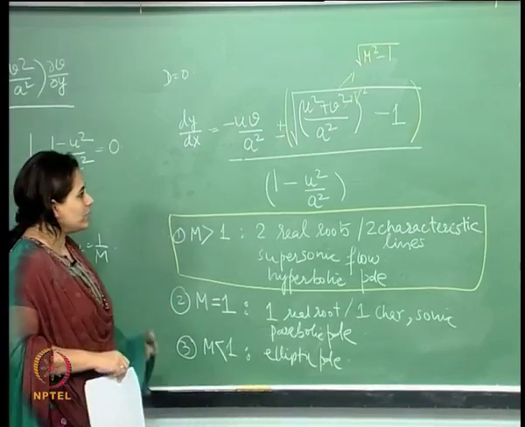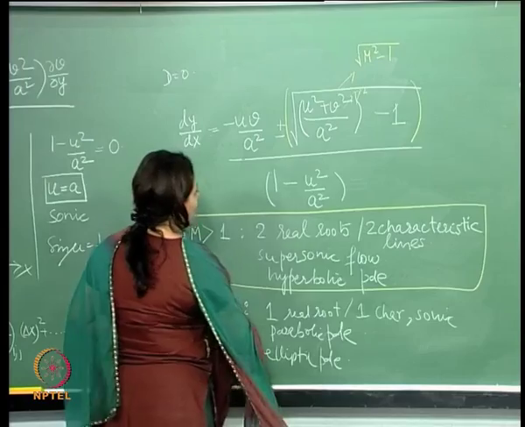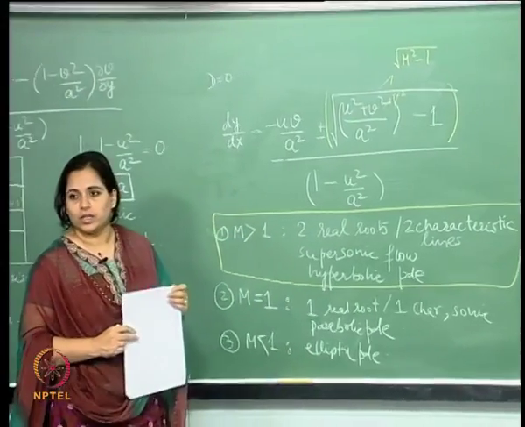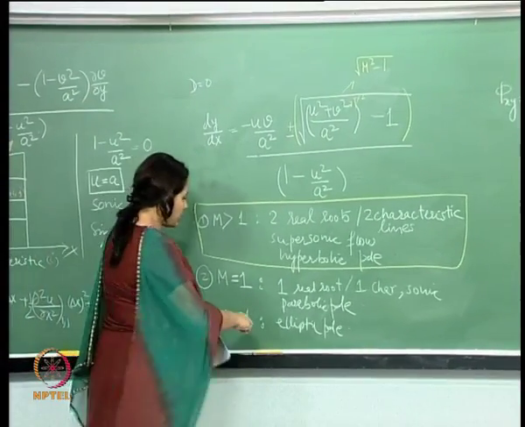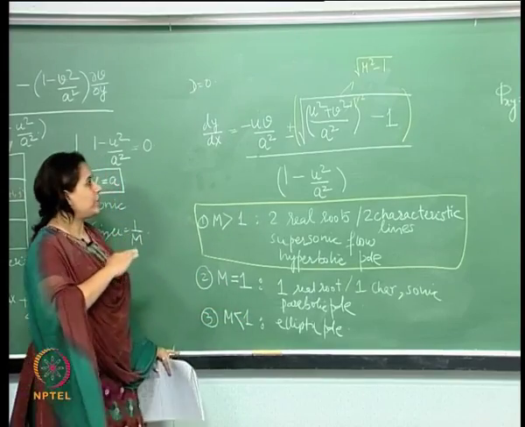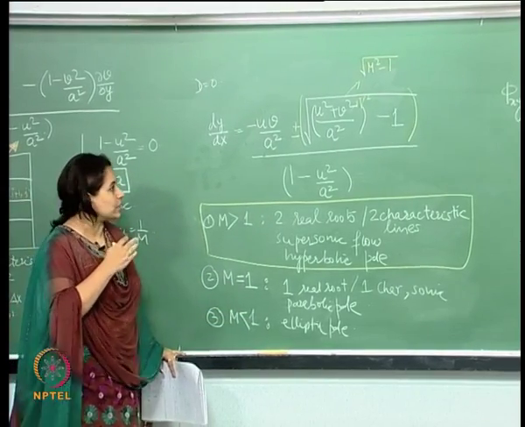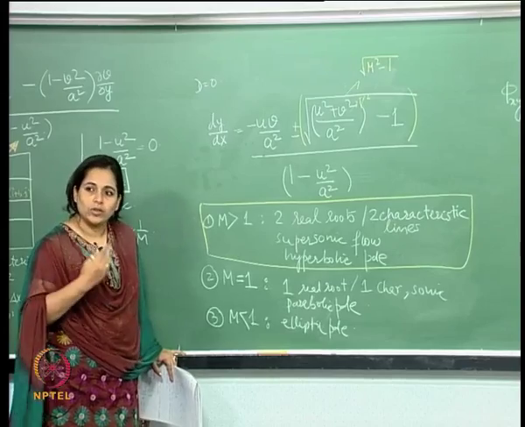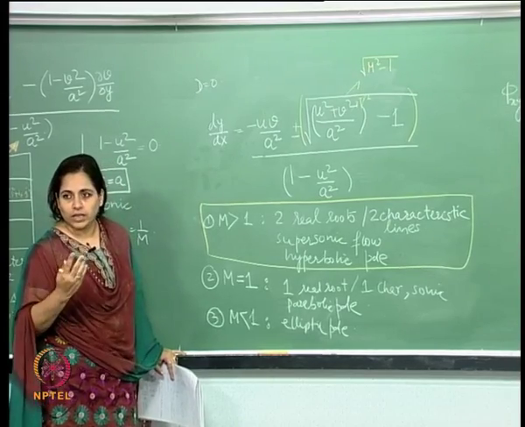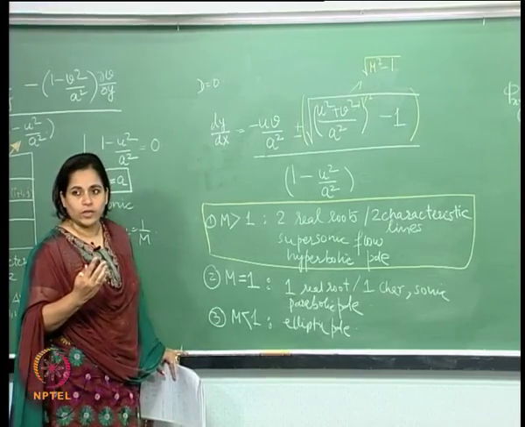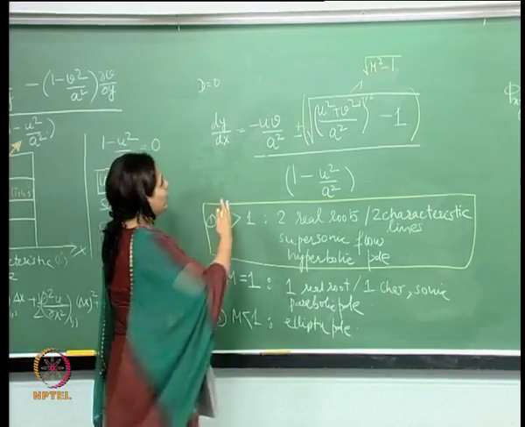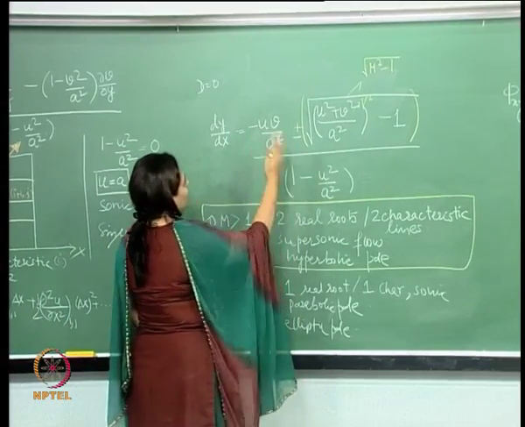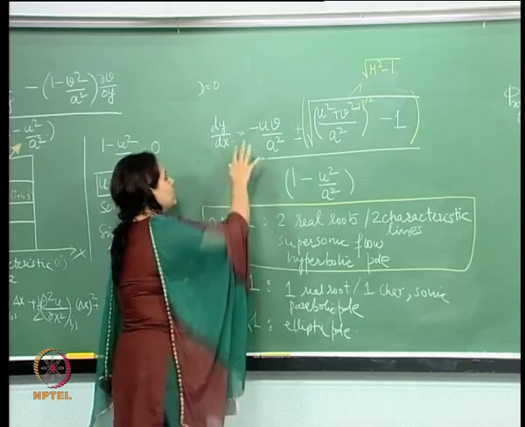Now, in order to calculate the compatibility equations, now that we have how the characteristics are going to be oriented in the flow field, all we have here is the velocity definition with respect to the domain.